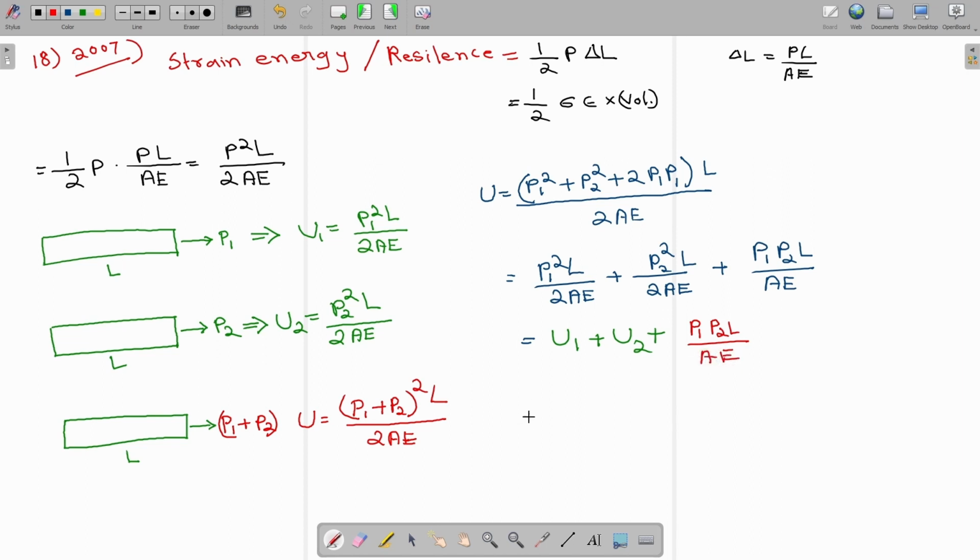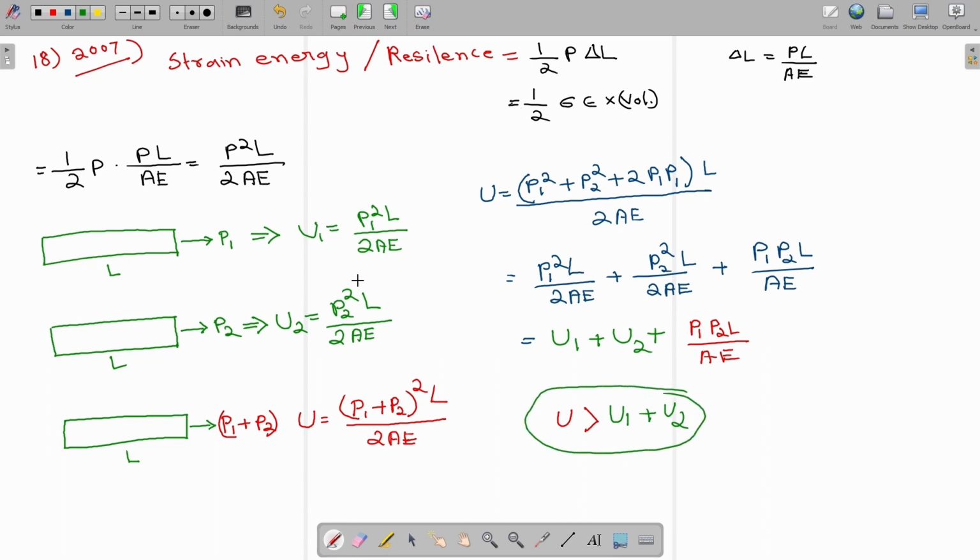Therefore, we can write that U is undoubtedly greater than U1 plus U2.